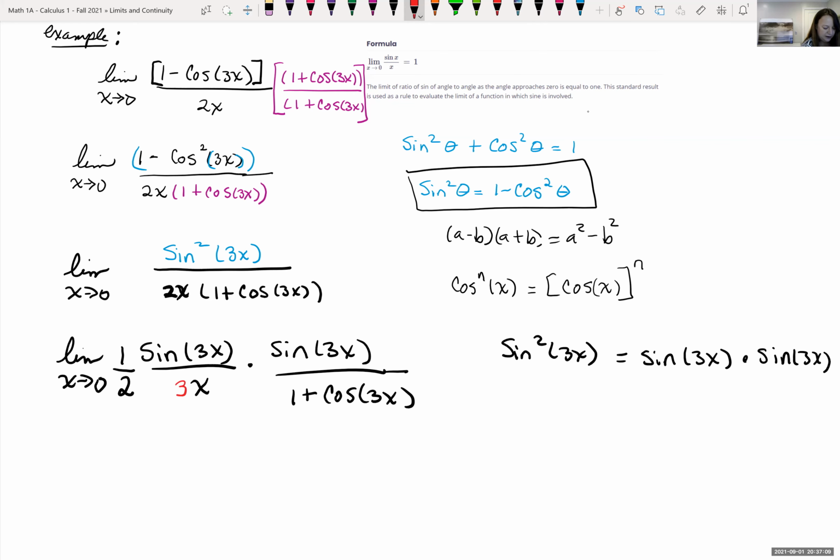So if I put a 3 in front of this x, I basically have to multiply that numerator by 3, so I could technically put that 3 up here. All I was doing was multiplying by a 1 and rewriting the single fraction as a product of multiple fractions.